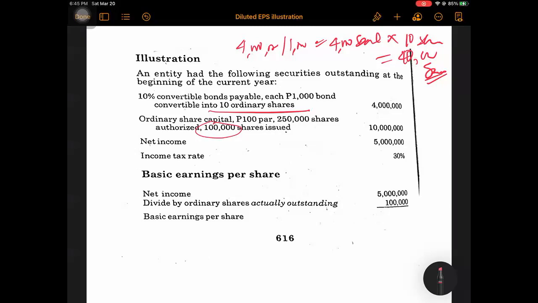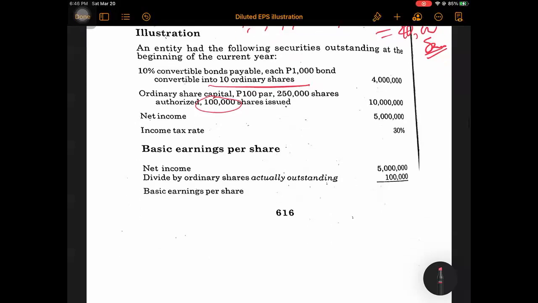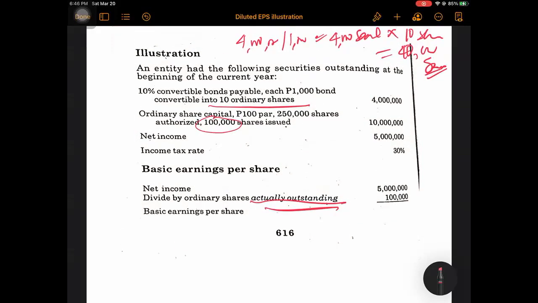Same formula with the computation. You have the net income divided by the ordinary shares actually outstanding. Based on the problem, since it is convertible bonds that we are discussing here, we do not deduct anything from our net income because we have no preference shares.